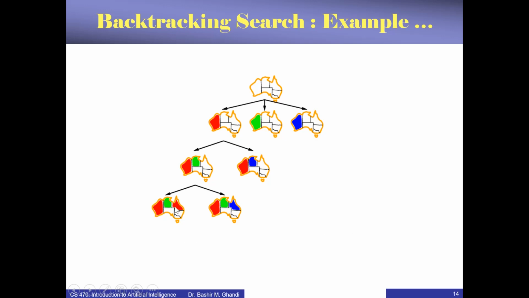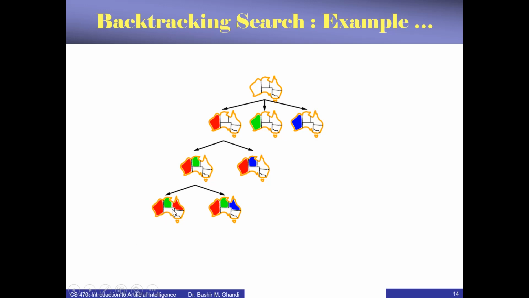For example, assuming we accepted this, and then when we come to Southern Australia here, you will see that we have no option but to make it blue, because it cannot be red and it cannot be green. So this has to be blue. All right, so actually in the next level, I'm not going to show it, but if we are to show it, you will see that we have only one option, which is blue.